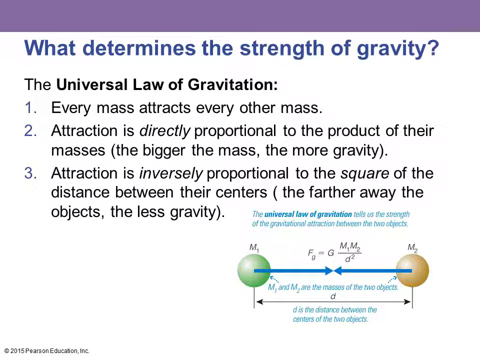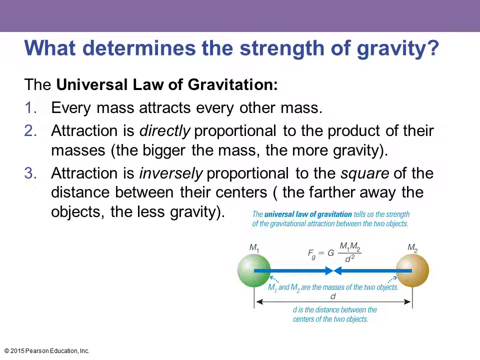So here's the universal law of gravitation. First, every mass attracts every other mass. So theoretically, two people standing next to each other are gravitationally attracted to each other because they both have mass. Two, attraction is directly proportional to the product of their masses. So obviously, the bigger the mass, the more gravity the object has.